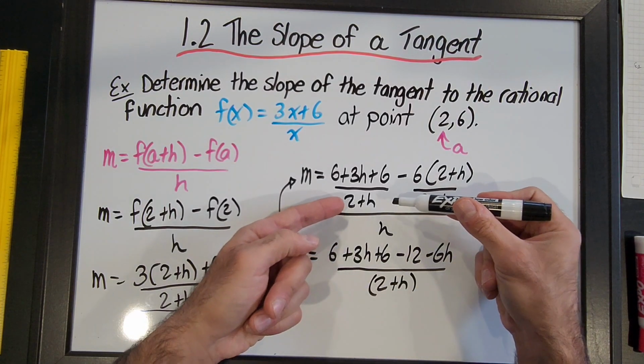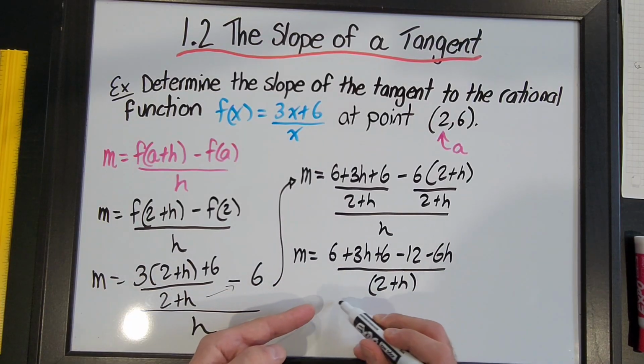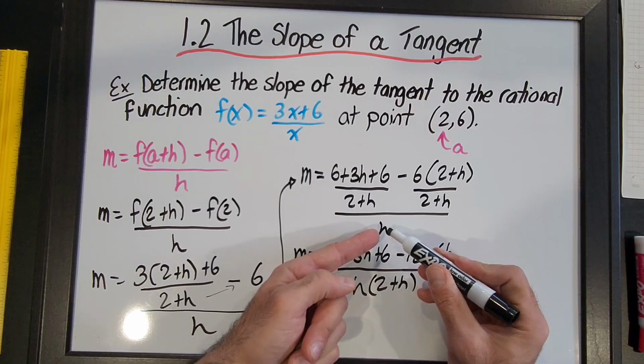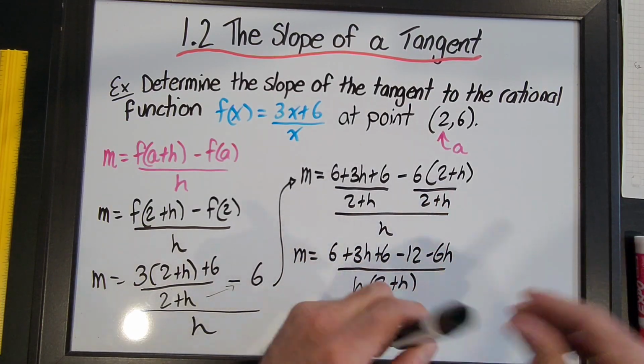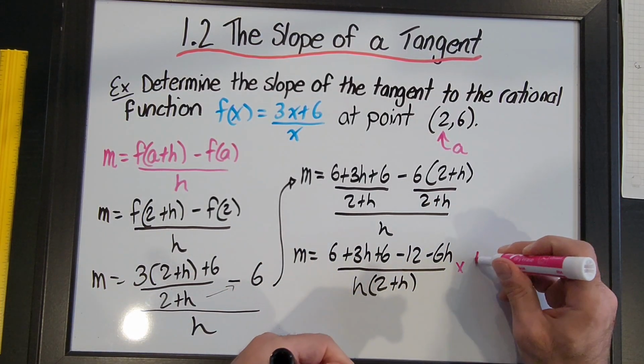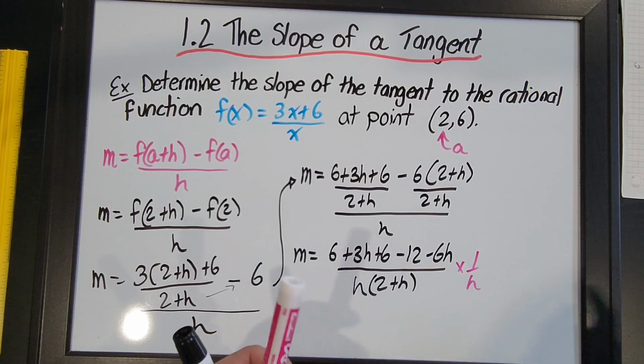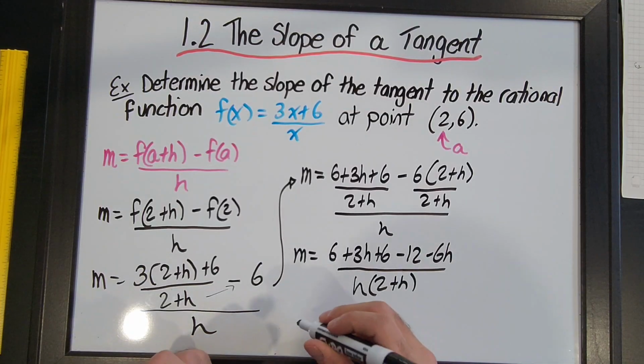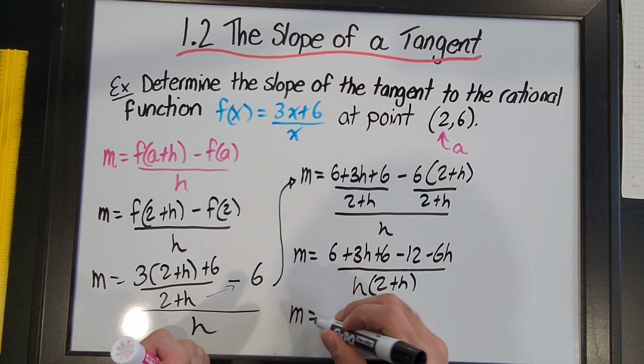Now, if I have a common denominator on top and it's like over h, I can just put that h down here, because dividing by h is like multiplying by 1 over h. So it's the same thing as doing this times 1 over h. So what I do is I just slap that h in the bottom, and there you go, it combines. Now let's clean up the top.